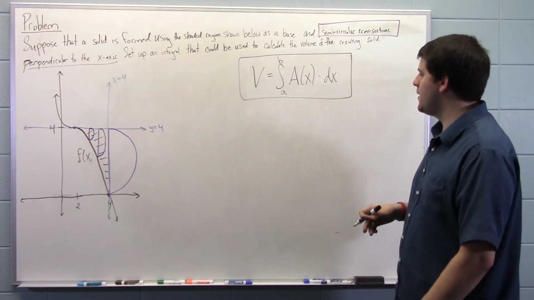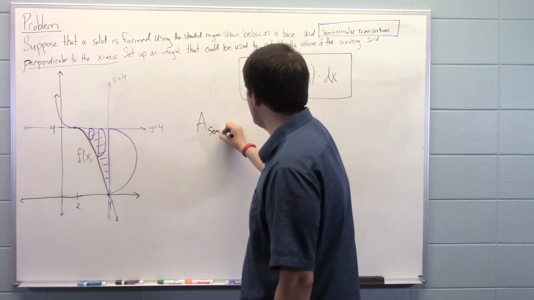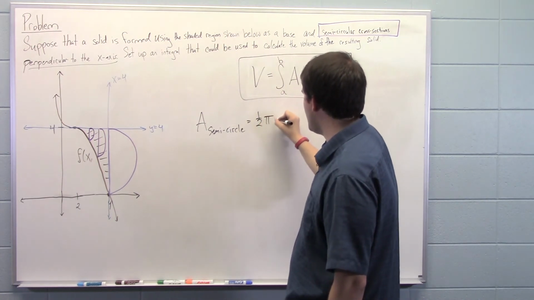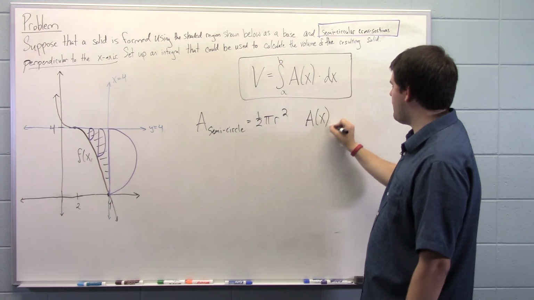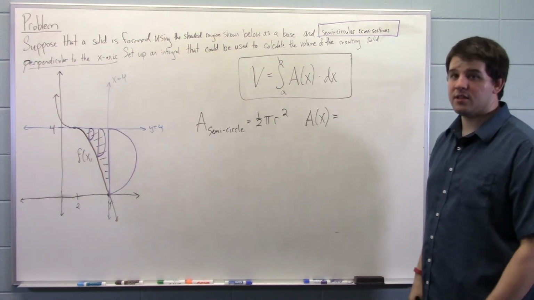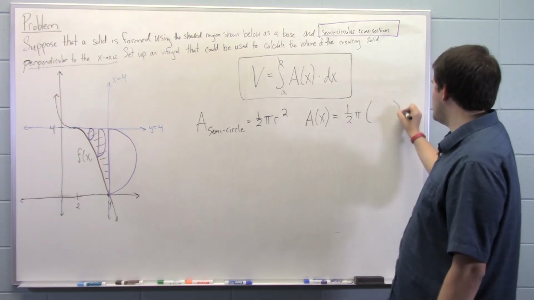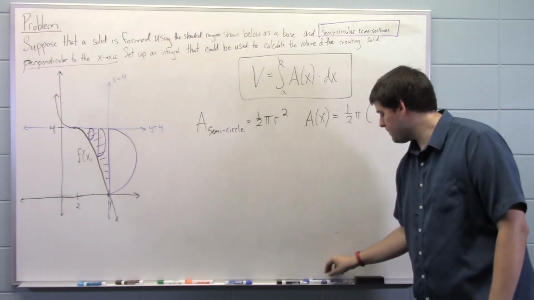All right. So the area of a semicircle is 1/2 pi r squared. So our function that will give us the area of our cross-sections is going to be a little bit different. It's going to be 1/2 pi times whatever the radius is squared. Okay?